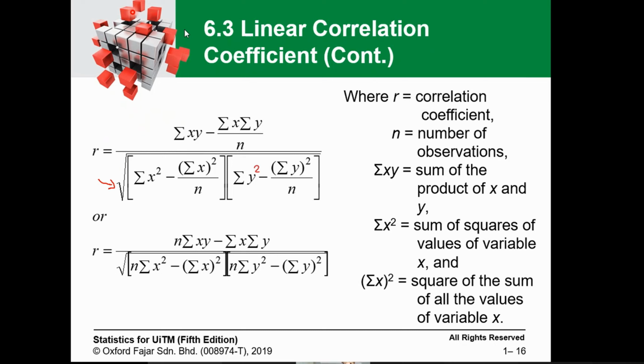What we can understand from this result, we have to take two things. First, whether the sign is plus or minus. After we do the entire calculation, we need to see whether it is plus or minus. If the result is plus, it means those two variables are positively correlated. If the result is minus, they are negatively correlated.